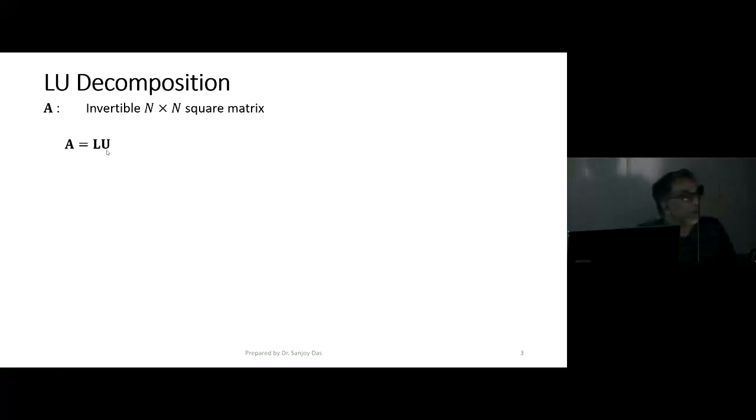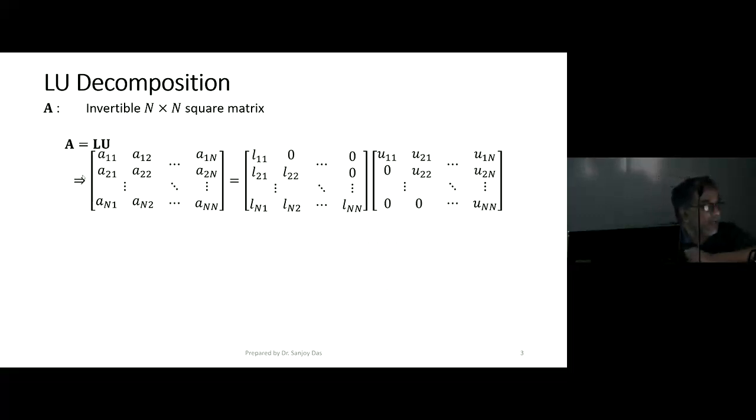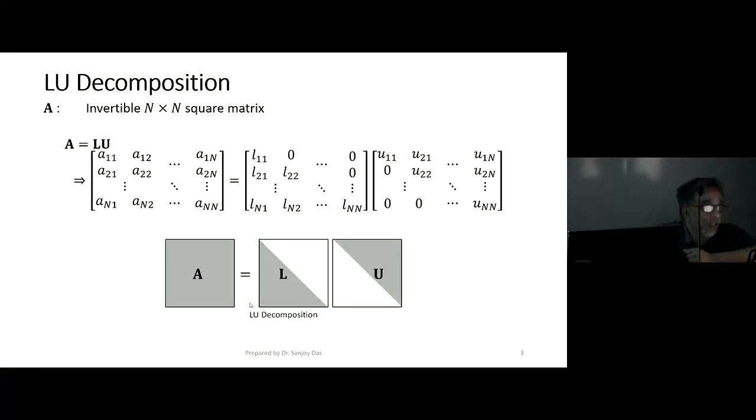A is the given matrix, and we factorize or decompose it into a lower triangular and an upper triangular matrix. Visually, this is what it looks like: A equals LU.